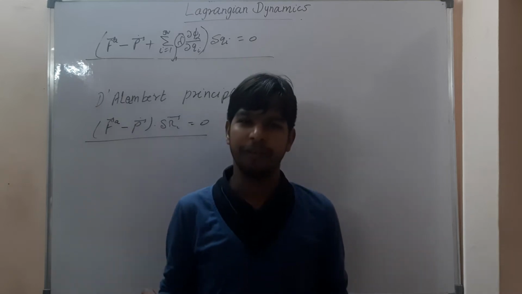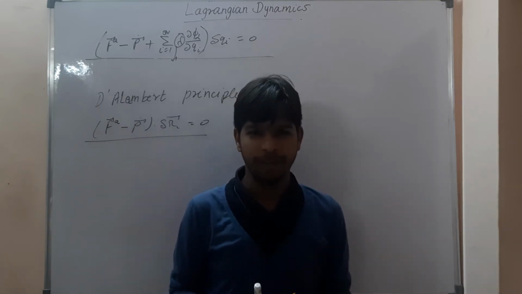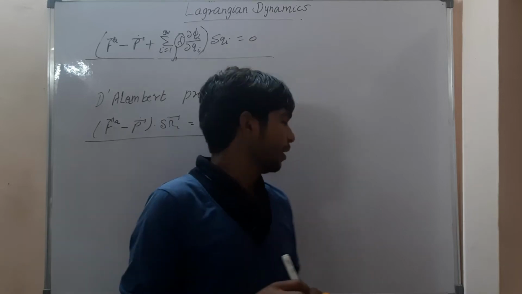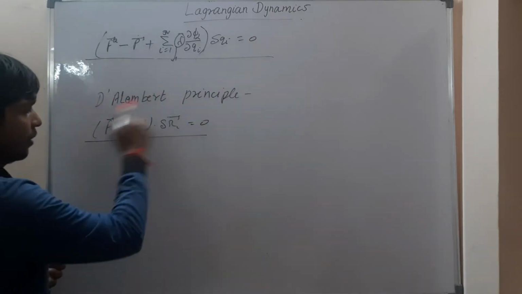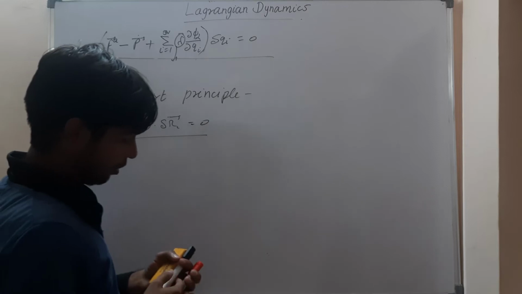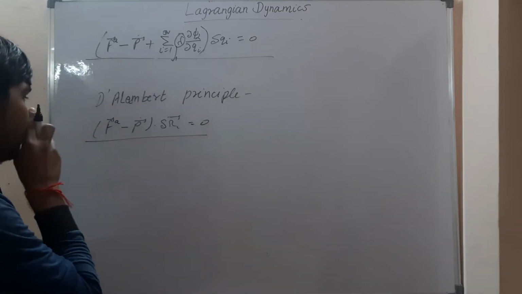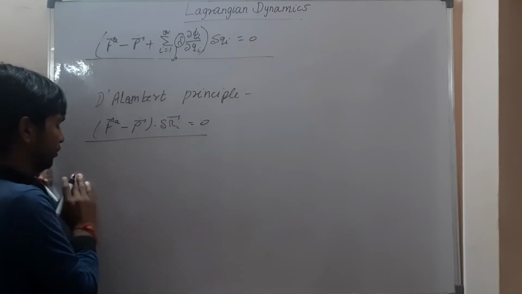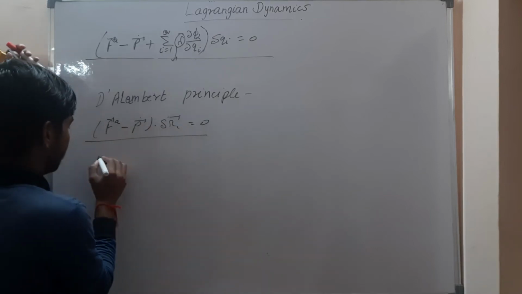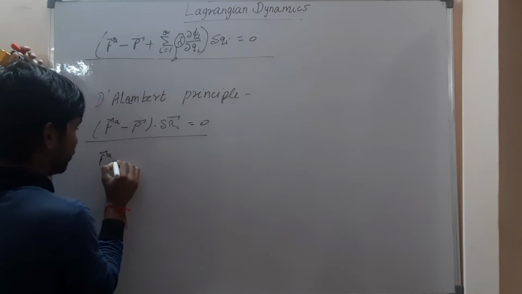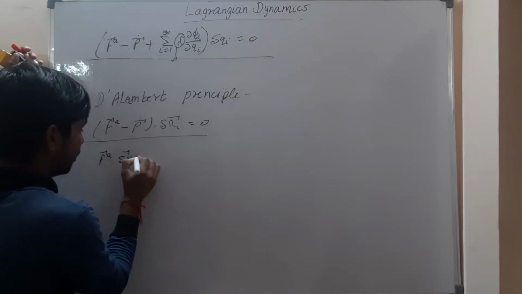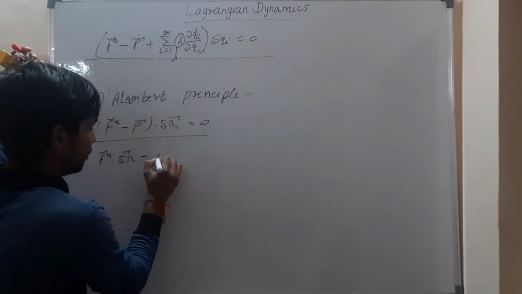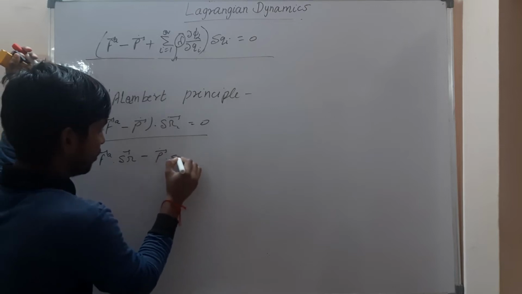Today we will start with how they got the Lagrange equation. They used this formula only. By using this formula, they got the equation called the Euler-Lagrange equation. So what did they do? They took the applied force minus p dot.